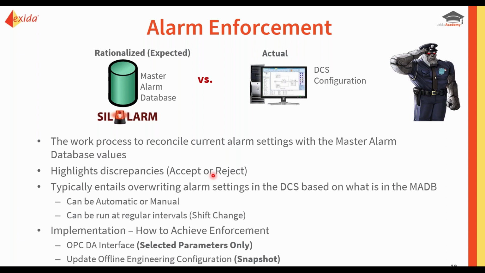Sometimes this information is presented right to the operator, which I'm not sure is the appropriate thing to do, since they may not know everything that's needed to make that decision as to whether to accept or reject. In some cases, it makes sense to review that offline. But what ultimately ends up happening is the changes that should not have been made will be reset by writing from the master alarm database back into the control system.